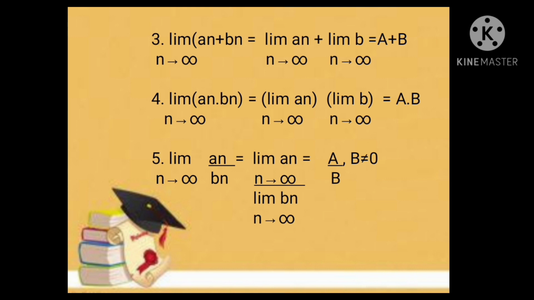Last, the limit as n goes to infinity of a_n over b_n is equal to the limit of a_n over the limit of b_n, which is a over b, provided b is not equal to 0.